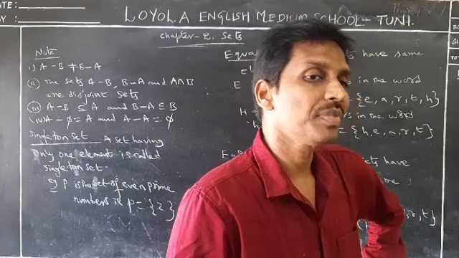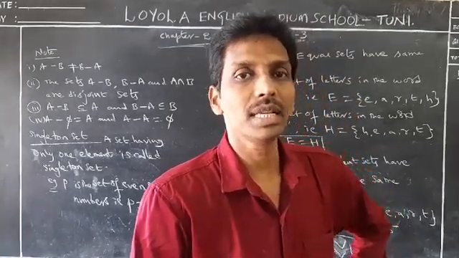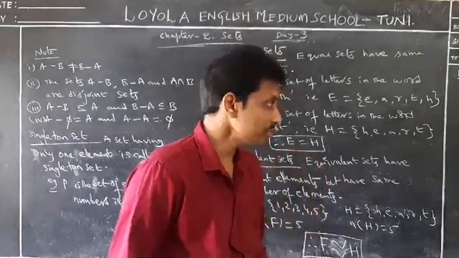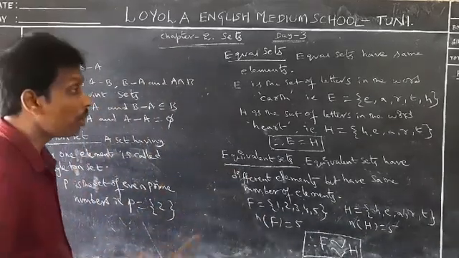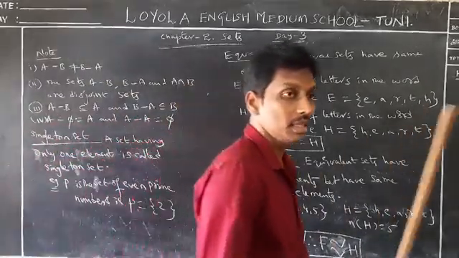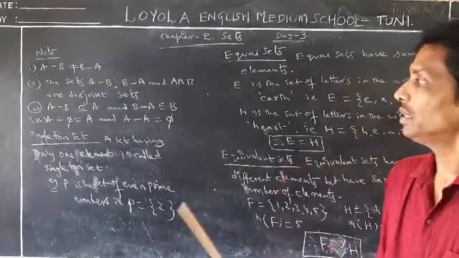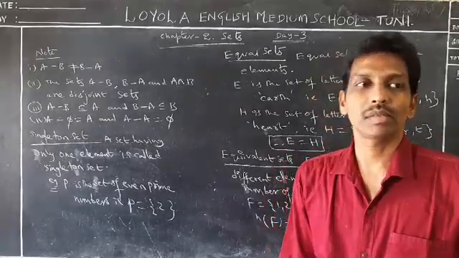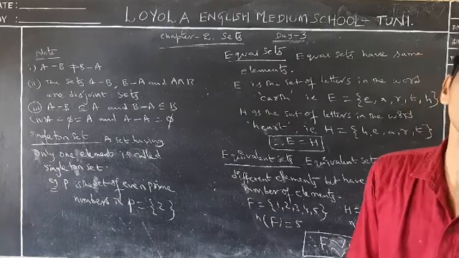In the same way, the elements left in set B are written in B minus A. And let us see some important points we need to remember. There is a chance they will be asked in the examination as half-mark questions, so we may expect this.